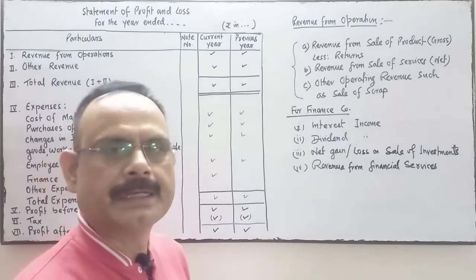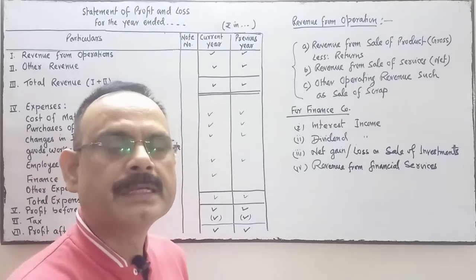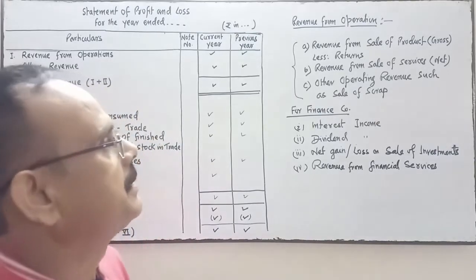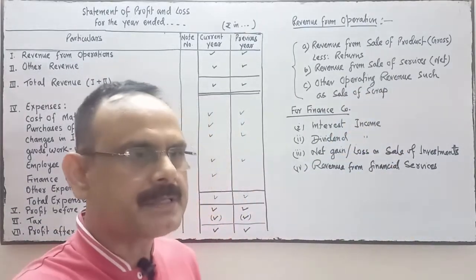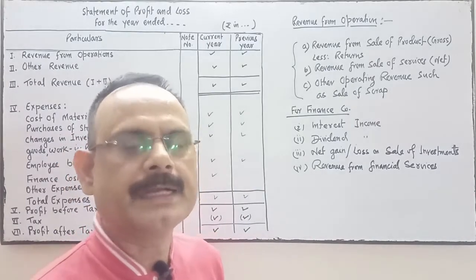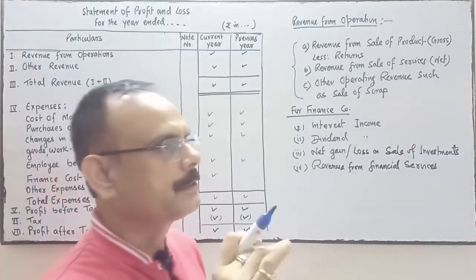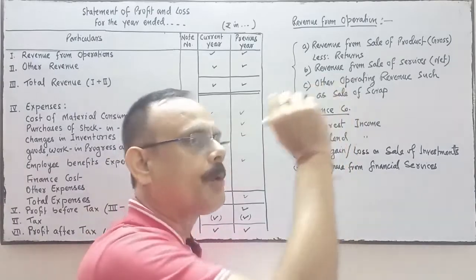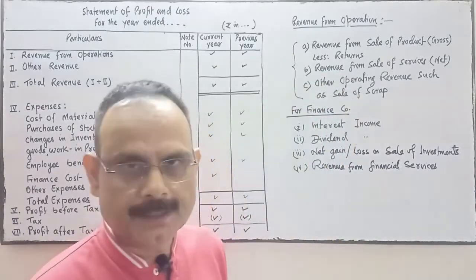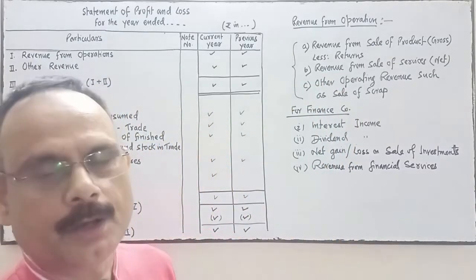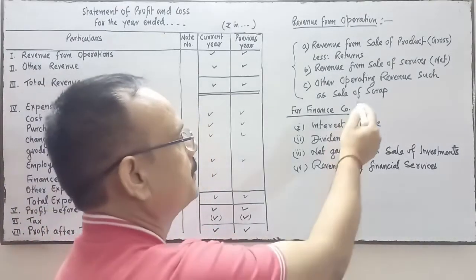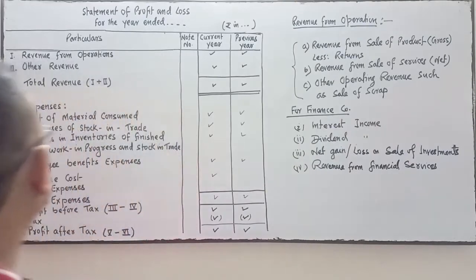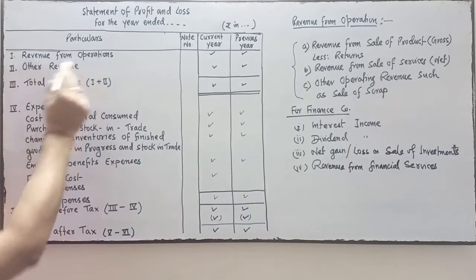If it is a service industry, then revenue from sale of services, net, because service is not returned, that's why it is net. And third one is other operating revenue, if any, such as sale of scrap. So this is clear.